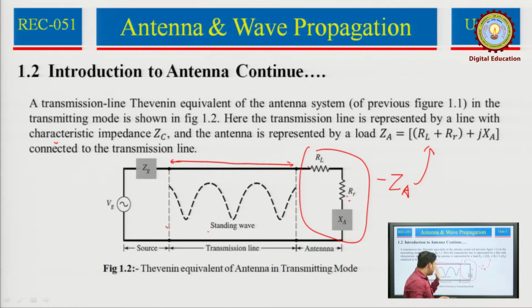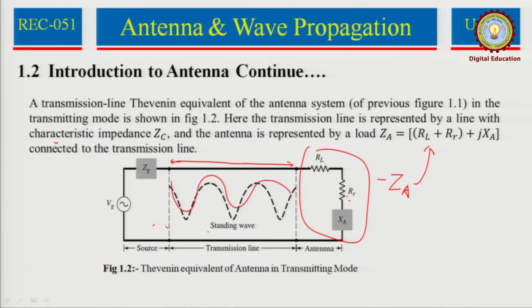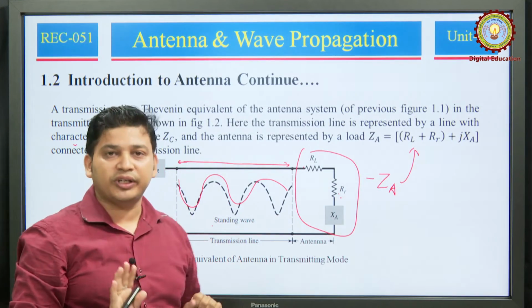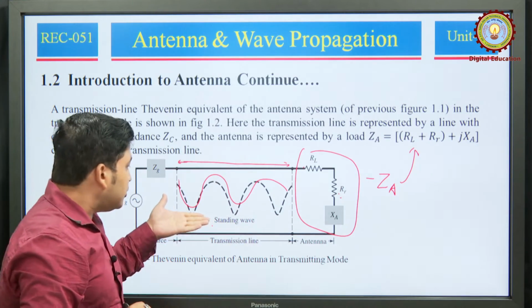Now, it is possible that the signal is travelling toward the antenna side, but due to mismatch some reflection also happens. This reflection goes back in this direction, but in most cases we need to protect so that it never reaches this Vg side. So, we require an attenuator or some type of circuit for basic application. For the basic condition, we do not show any attenuator here.